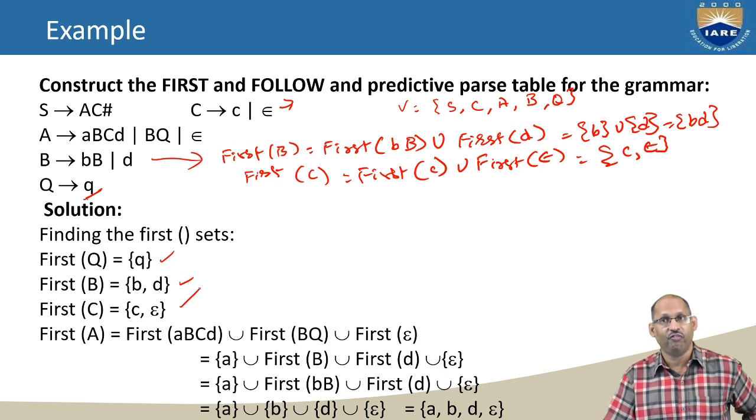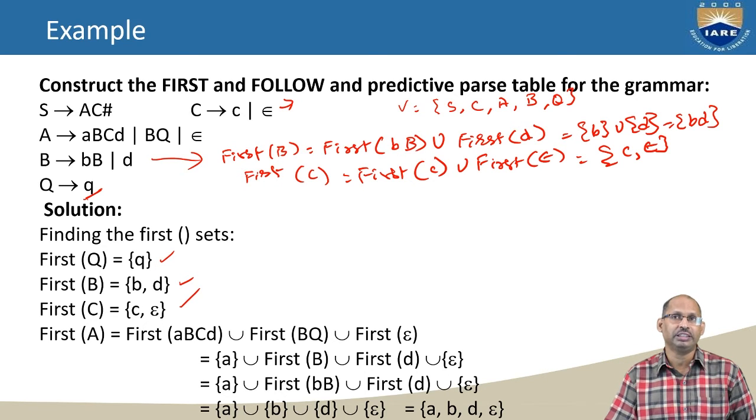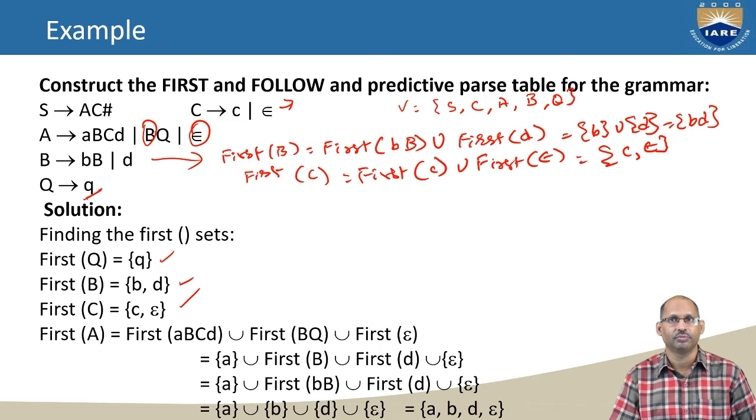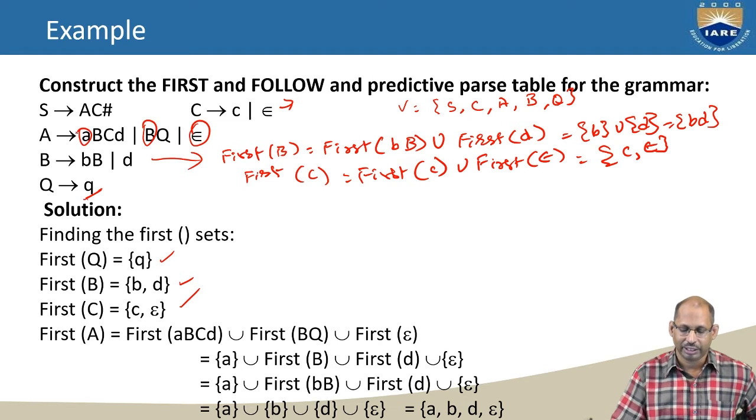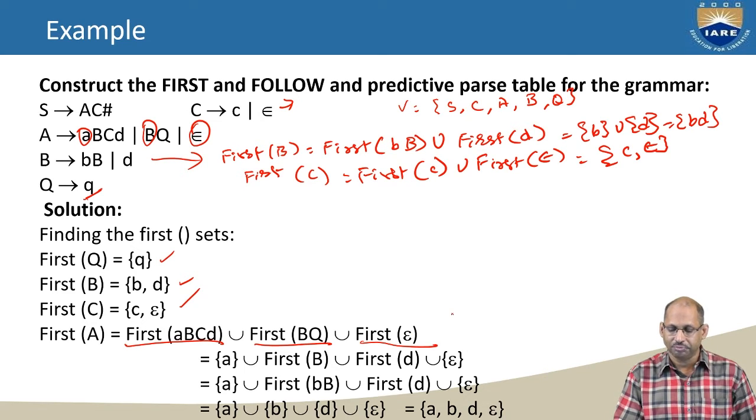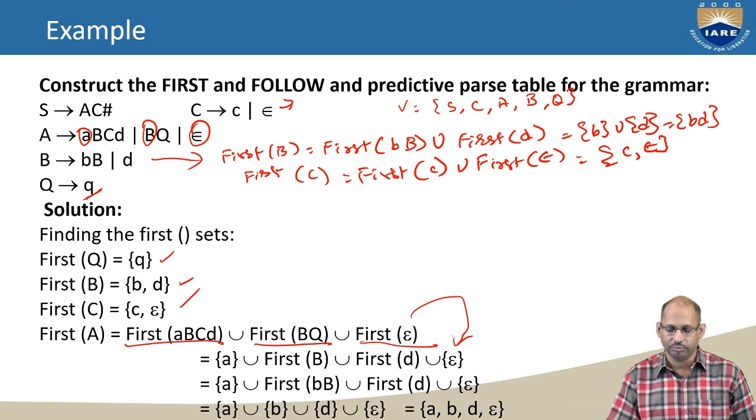Now first of A. How many productions does the A variable have? 3 productions. First of epsilon, first of B, and terminal a. So first of a, union with first of BD, then first of epsilon. Here for epsilon we are writing epsilon.